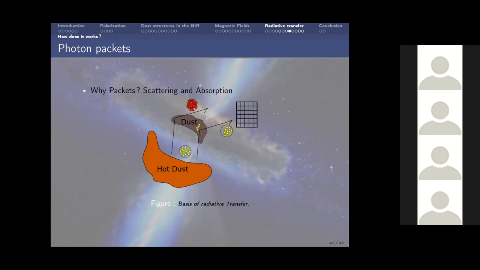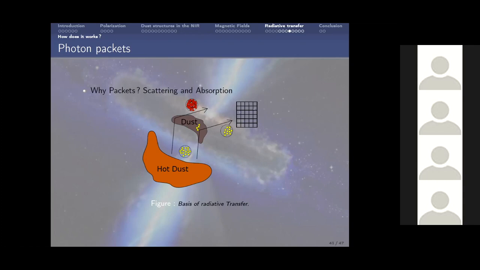You can change the wavelengths because of that: if your photon packet is absorbed by the dust, you can re-emit a bigger number of photons at longer wavelengths. This is done to keep the energetic balance at equilibrium.